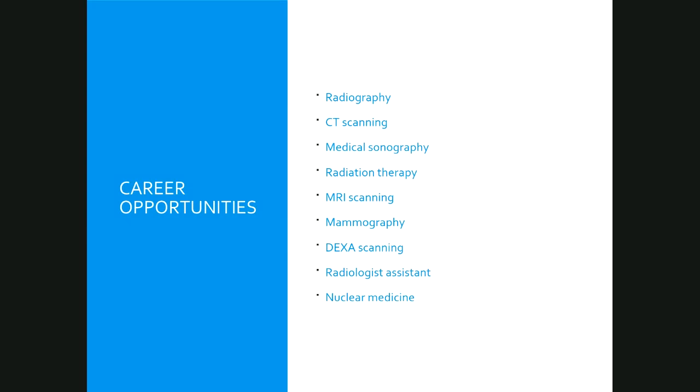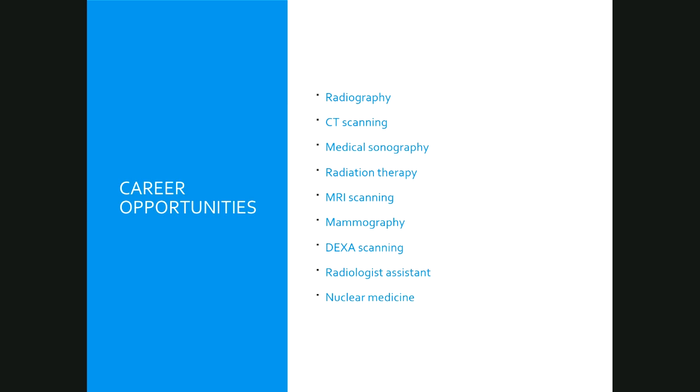DEXA scanning, that you can find on page 9 under bone densitometry. Bone densitometry, they use that to diagnose osteoporosis, which is typically found in menopausal women, but it can occur in men as well. And osteoporosis is where there's a loss of calcium from the bone. It demineralizes, so the bone becomes thin and weak and very prone to fractures.